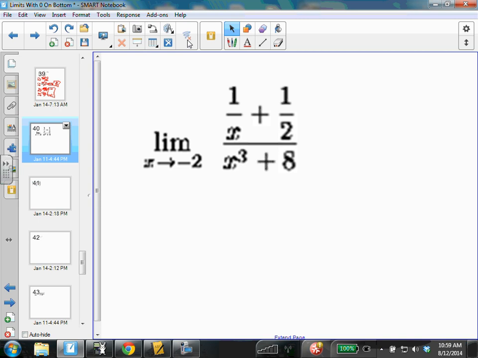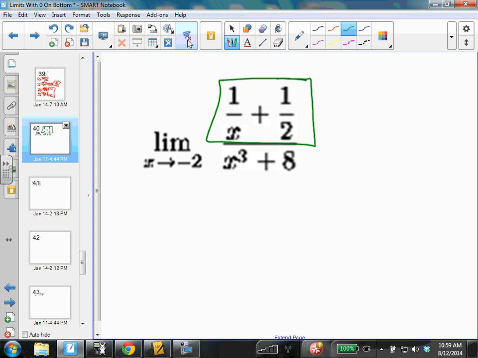I have to turn the top into one fraction here, and I want to have 1 over x plus 1 over 2.